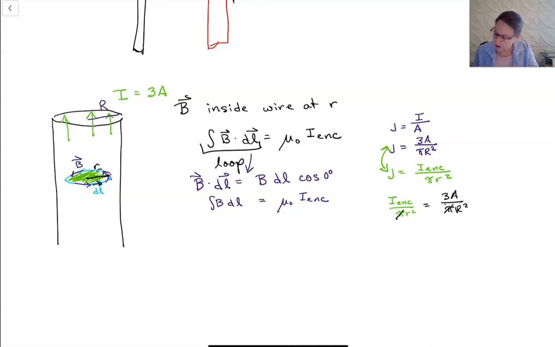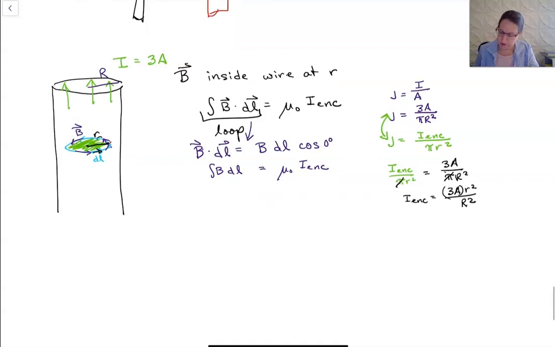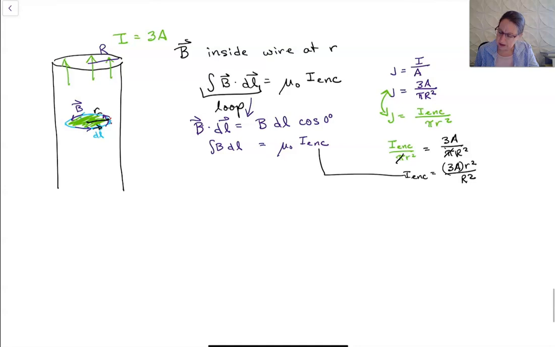The pi's go away. The I enclosed is equal to 3 amps times little r squared over big R squared. And so we can substitute that in there, and we're almost done now.